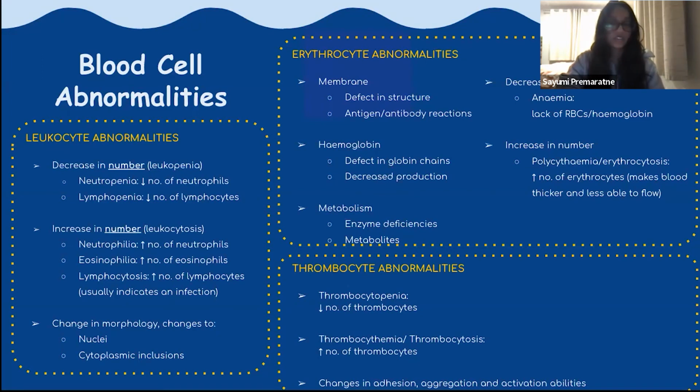So if there's changes to them, it can't really perform its function as it should. That is obviously a problem and can lead to certain diseases. Then thrombocyte abnormalities, again, you would have a decrease and an increase in number. And then you can also have changes in their ability to adhere, aggregate, and activate, so perform its function.